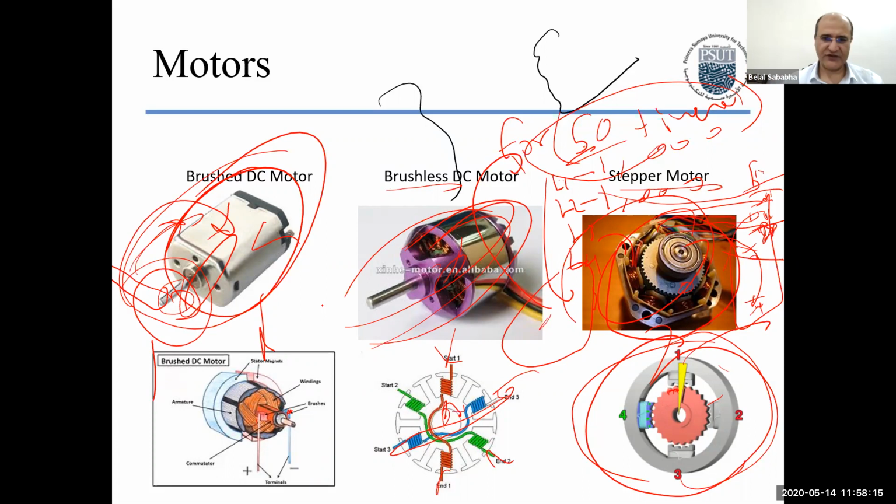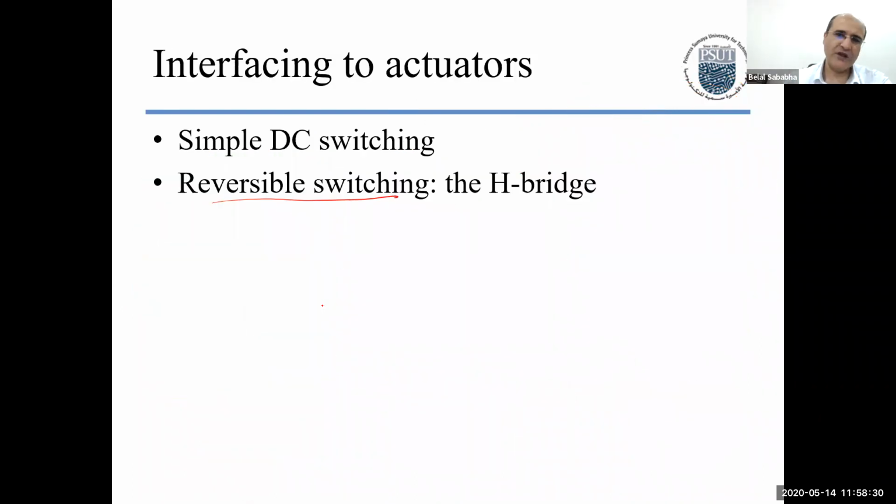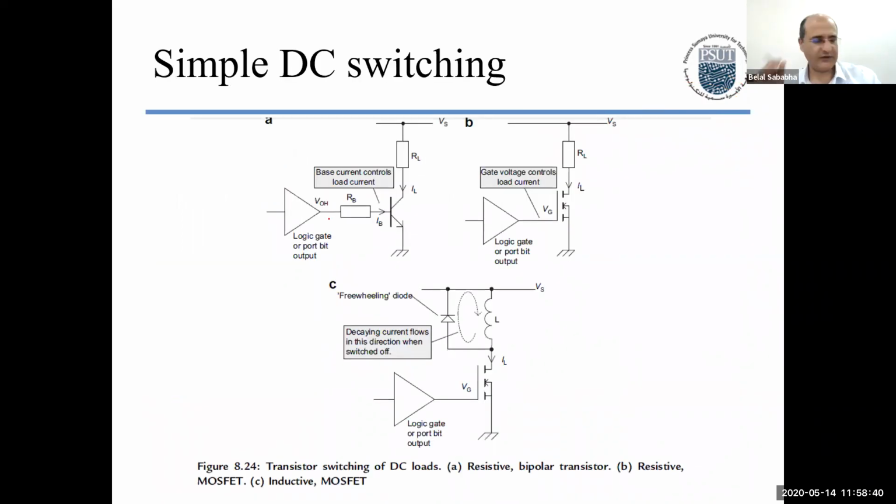So if this is on a robot that wants to move forward or backward, you cannot every time go by hand and flip the battery polarity. We need to do it electronically, automatically. So this is the last thing I'm going to talk about here: how to control the DC motor speed and how to reverse its direction.